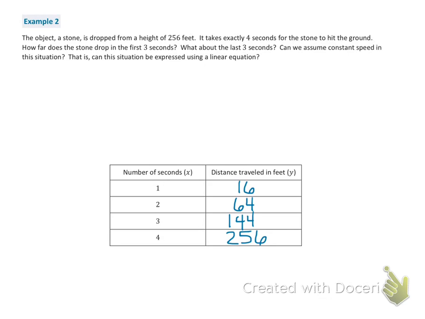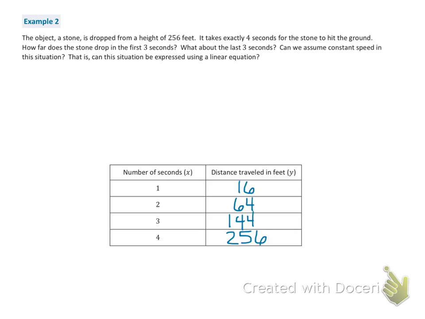Okay, so what are some predictions that we could make now based on what we have? Well, we could say that after 1 second, at x equals 1, the stone dropped 16 feet. We could say in 3 seconds, it traveled 144 feet.